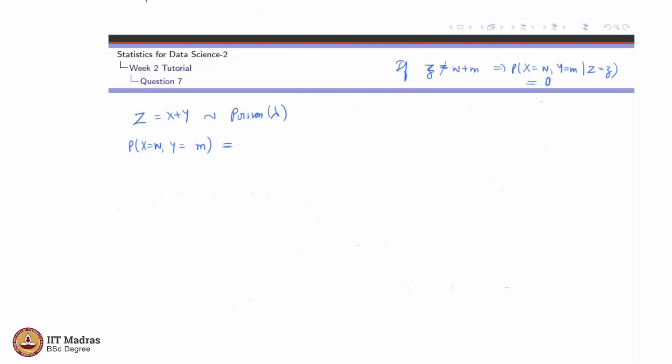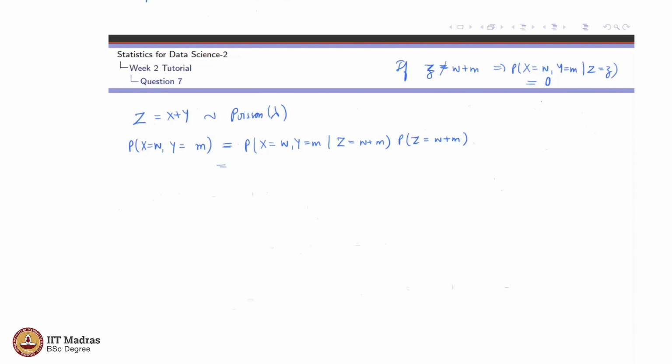So we can just condition on z equals w plus m. We can write this as the probability that x equals w, y equals m, given z equals w plus m, times the probability that z equals w plus m.